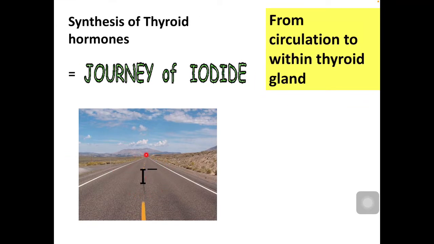This iodine is a must for the synthesis of thyroid hormones. So what is the journey of iodine from the circulation into the thyroid gland? Where do we get our iodine? Iodine is abundantly present in our diet and the drinking water that we drink. A lot of iodine is obtained from our diet.